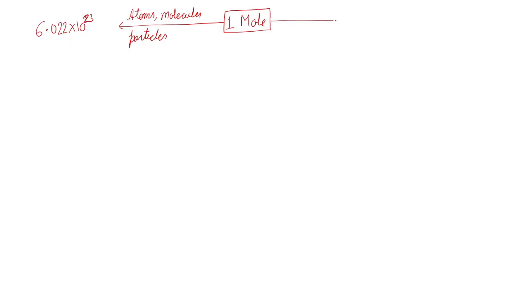Same as for 1 mole at STP or NTP. STP is standard temperature and pressure, and NTP is normal temperature and pressure. Basically, there is a difference only of pressure, we can say. If we say standard temperature and pressure, the pressure is 1 bar that we are using here.